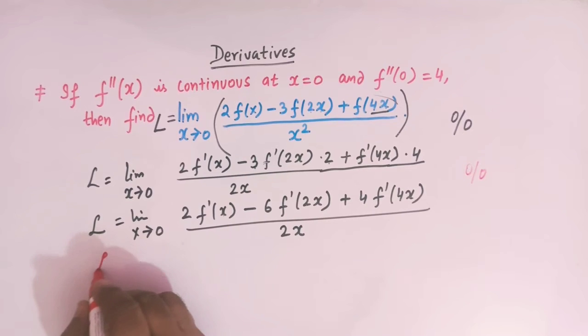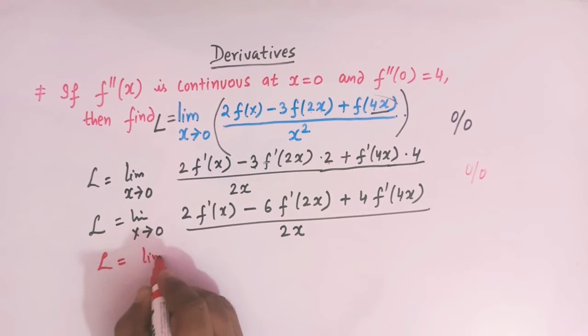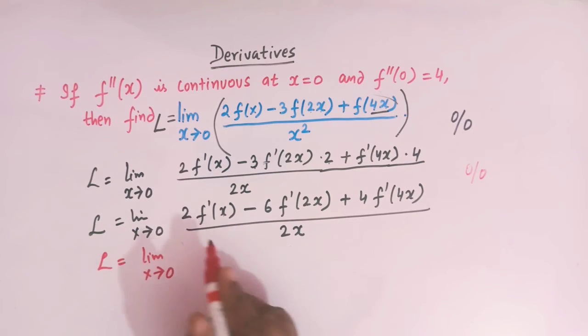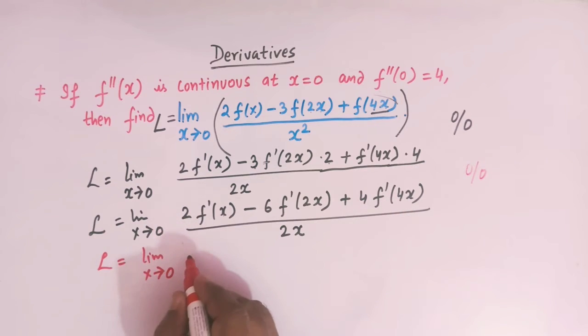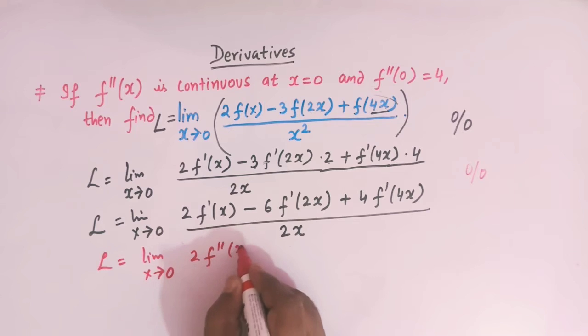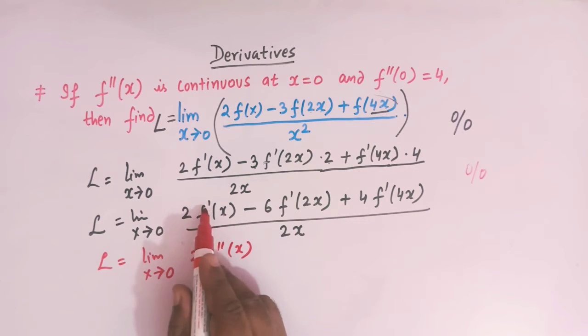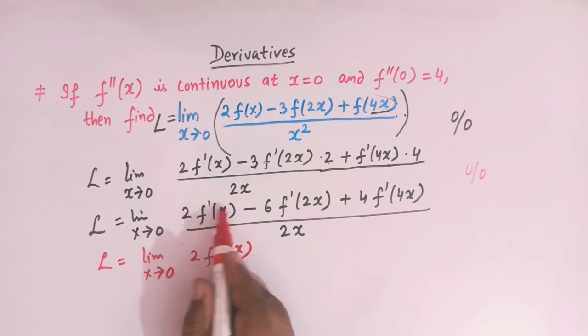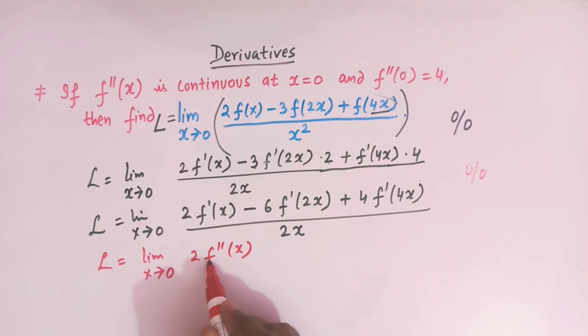So now this limit L becomes limit x tends to 0, so differentiate it. Here we have 2 times f double prime of x, because f prime of x is differentiated and we get f double prime of x, right?